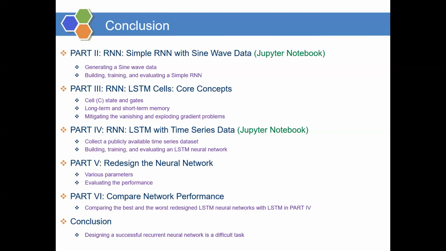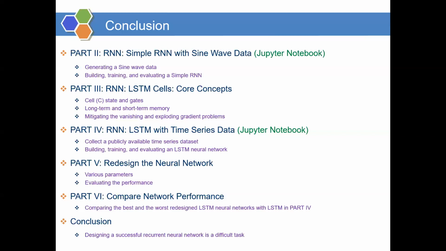Furthermore, in part 5, I learned that any minor change in one of the parameters of an LSTM neural network has a significant effect on the performance of the output network. In part 5, I redesigned 6 different LSTM neural networks by changing some parameters. I evaluated the performance of each redesigned network.